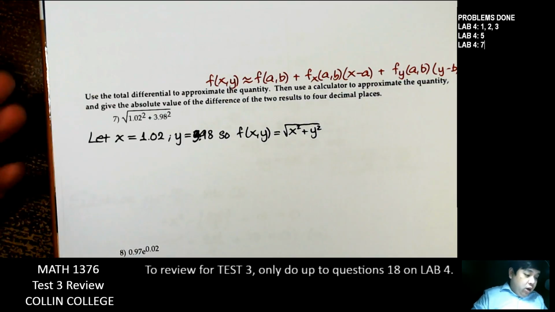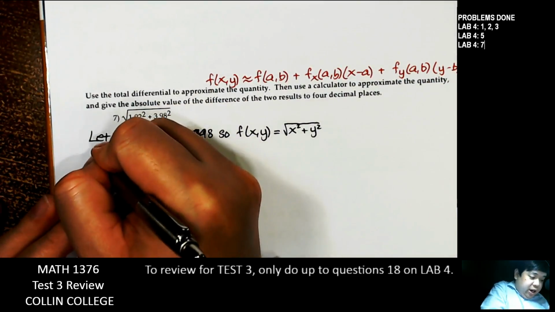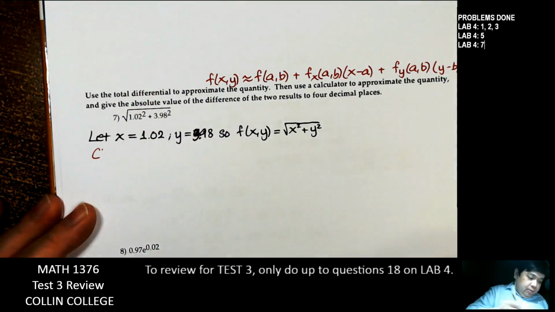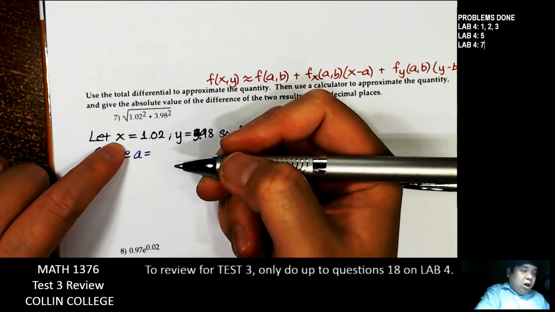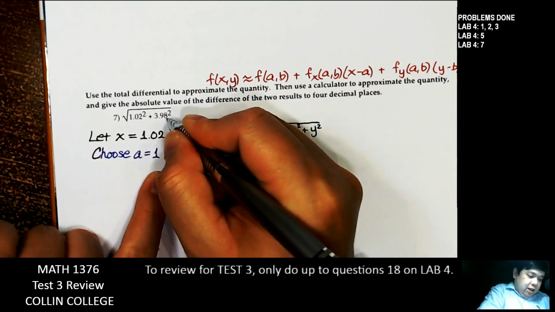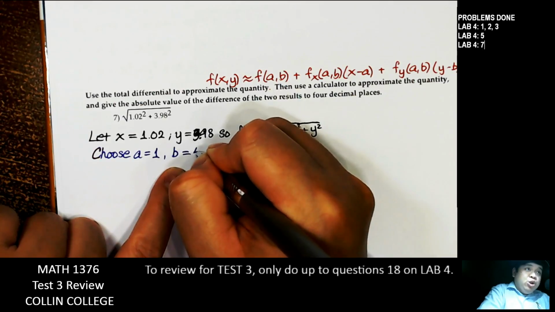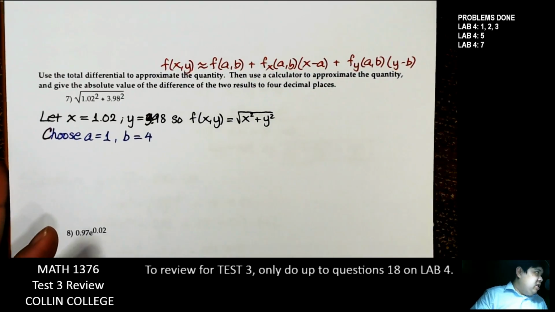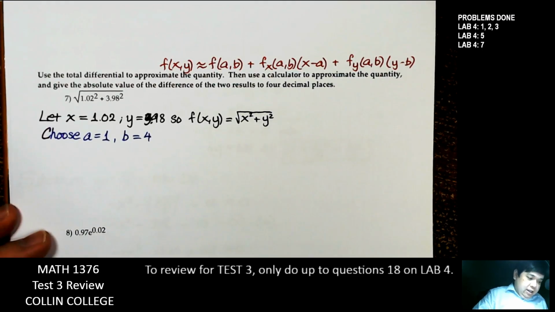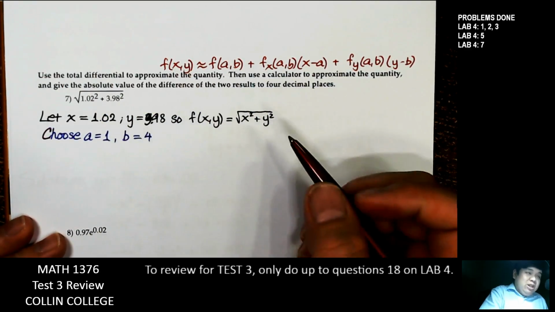So that's what we let x and y equal to, the not so nice numbers, and then we choose a nice number close to x, which is 1, and close to y. So we choose a, b as 1 and 4. Although in this problem, the number is not quite as nice. I mean, we should not have to use a calculator to do this kind of problem.